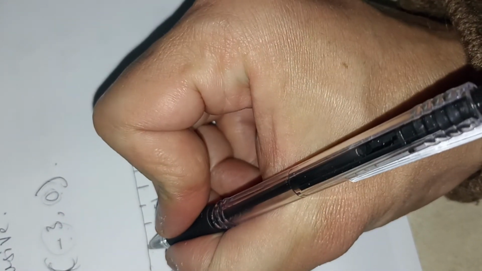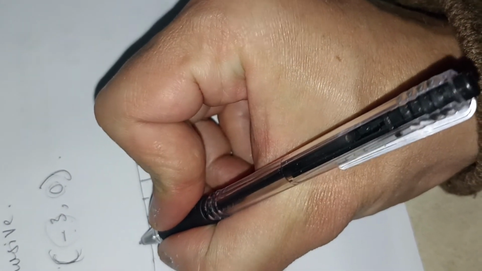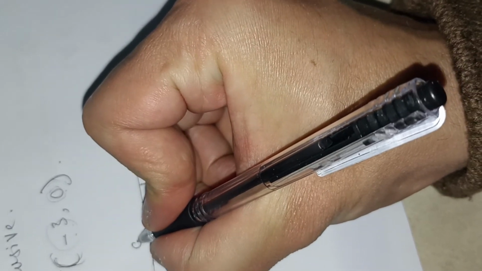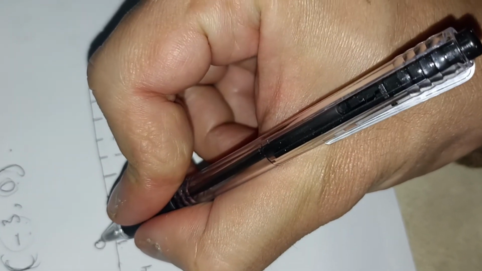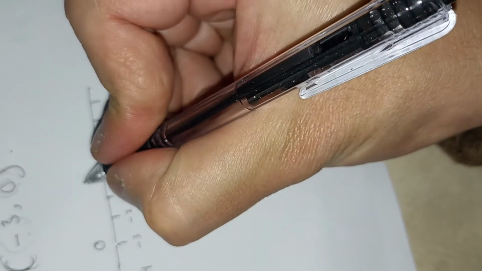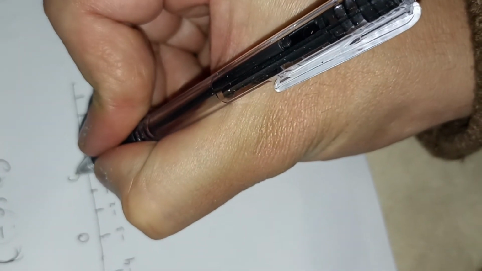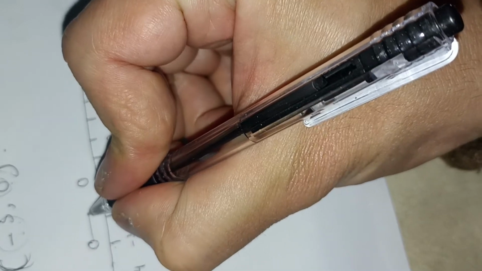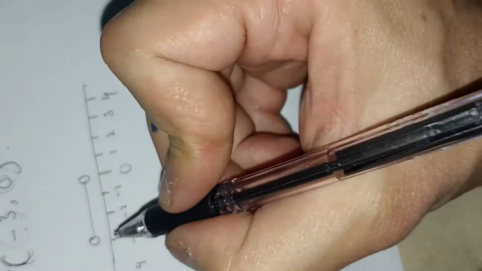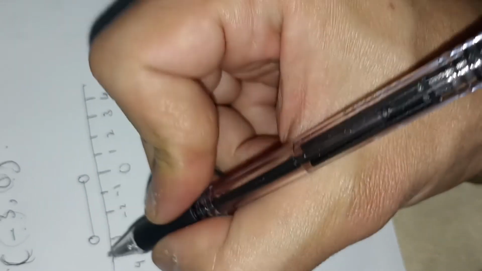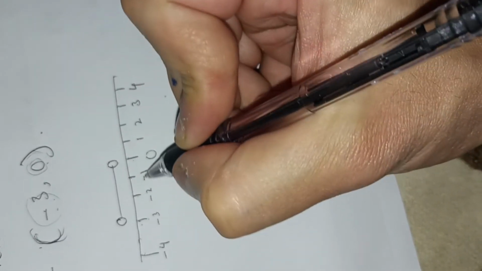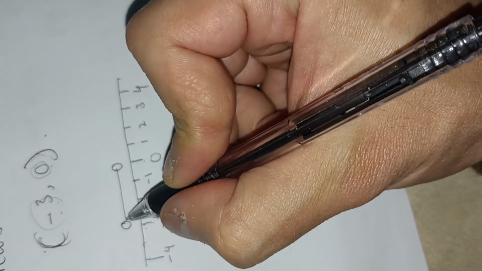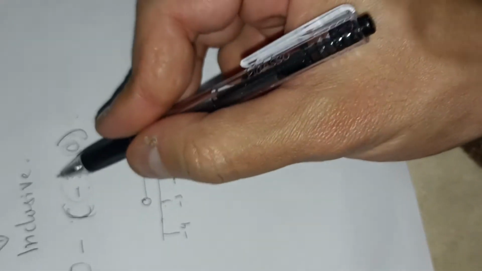So what we will do, over the minus 3 we will draw an empty circle and we will move toward the 0. So here this empty circle means that this minus 3 and this 0 are not included here, but anything between minus 3 and 0 is included in this series.